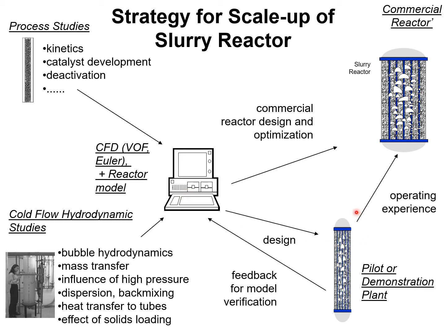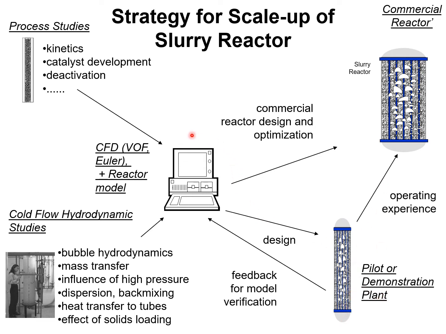There could be a pilot plant or demonstration unit. Typically, such a unit could be, say, a meter in diameter, and this could be used in part to validate the scale-up strategy and also to gain operating experience for the commercial unit.